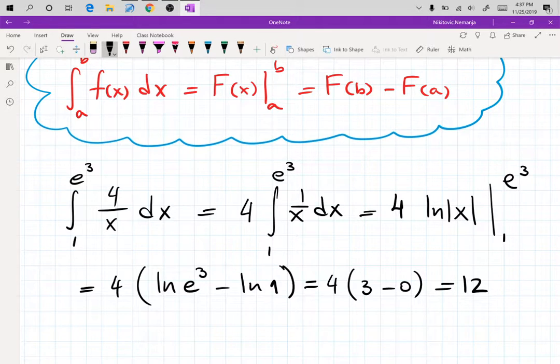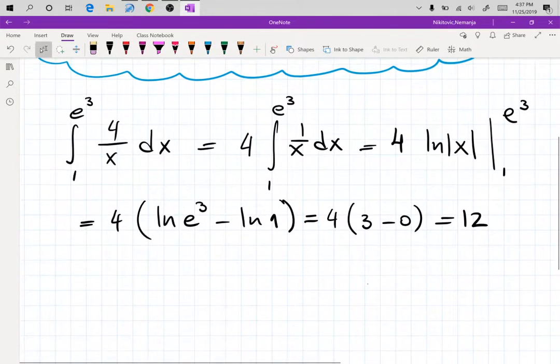At the same time, what this means is that the area under the curve is equal to 12 if the function doesn't cross below the x-axis. So I'll just write that. Let's go purple.